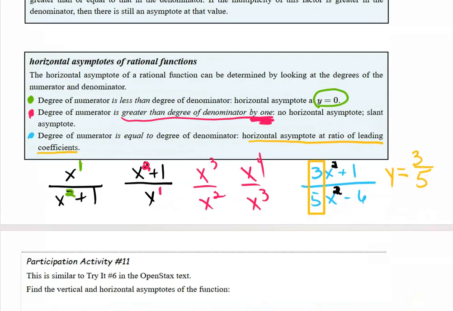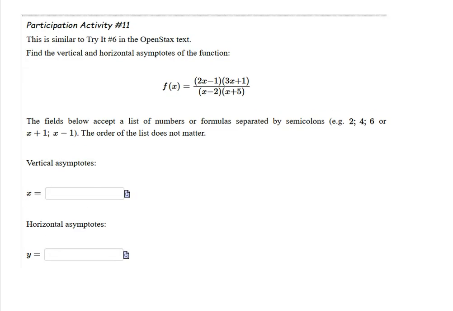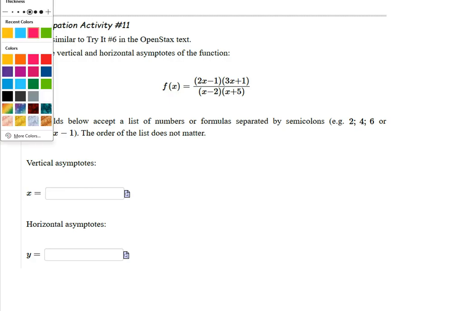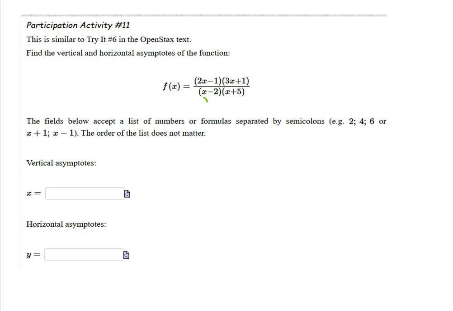So anyway, when I get to number 11, it says find the vertical and horizontal asymptotes. I look at my denominators and I see that right here, if x equals 2, you get a 0. And right here, if x equals -5, you get a 0.